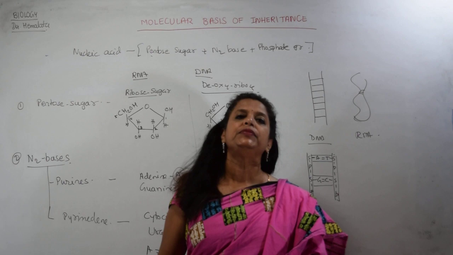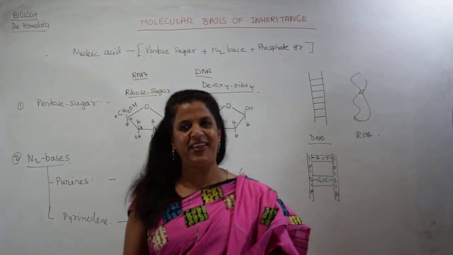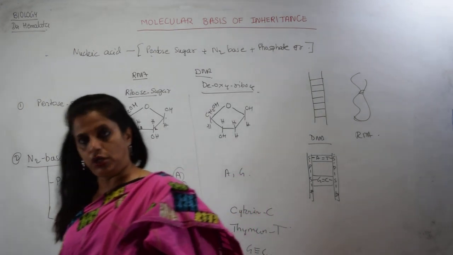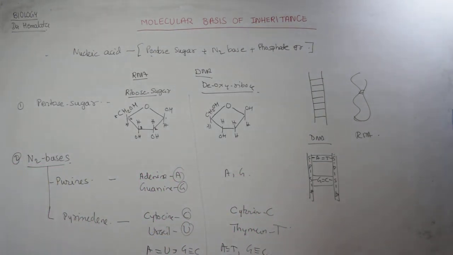Okay? Done. Now we will move on to the structure of DNA. This is the most important thing. First you write the differences. Write the structure down. Now we will move on to the structure of DNA, chemical and physical structure.